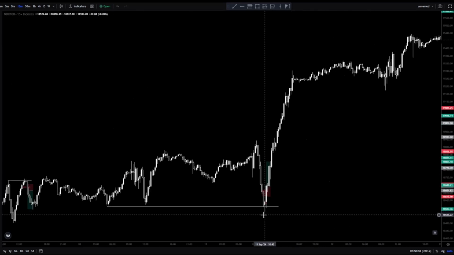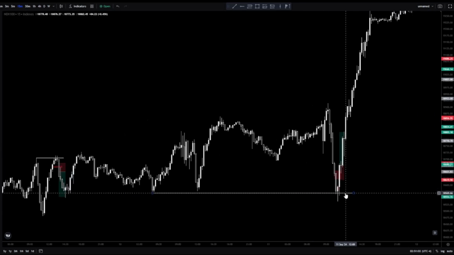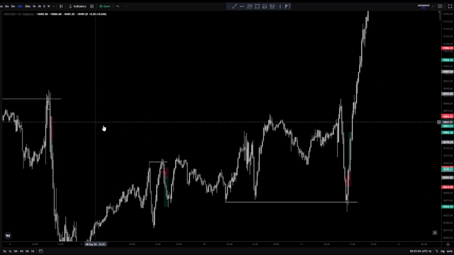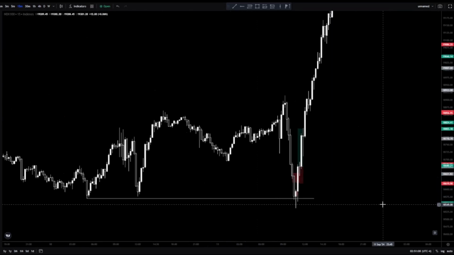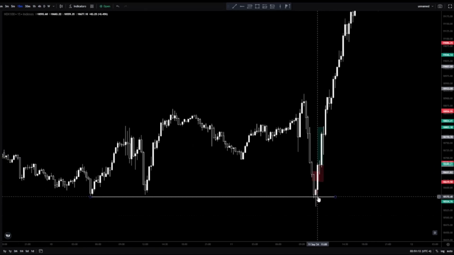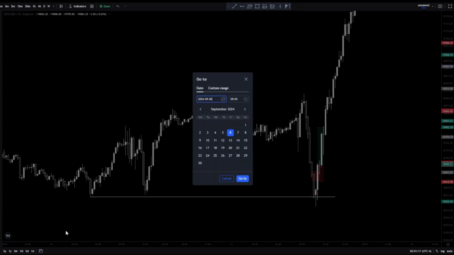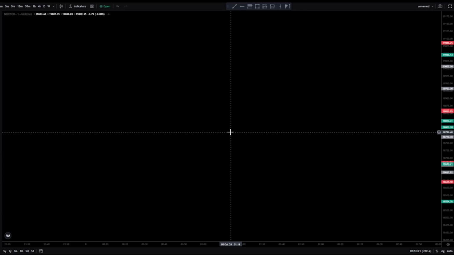There you go. I think this is what I actually took. I mean, I took some of this, not everything, because I didn't trade, but I think I took this one. Equal lows, liquidity sweep with the VIX, 1 minute, 9th of September, Monday.